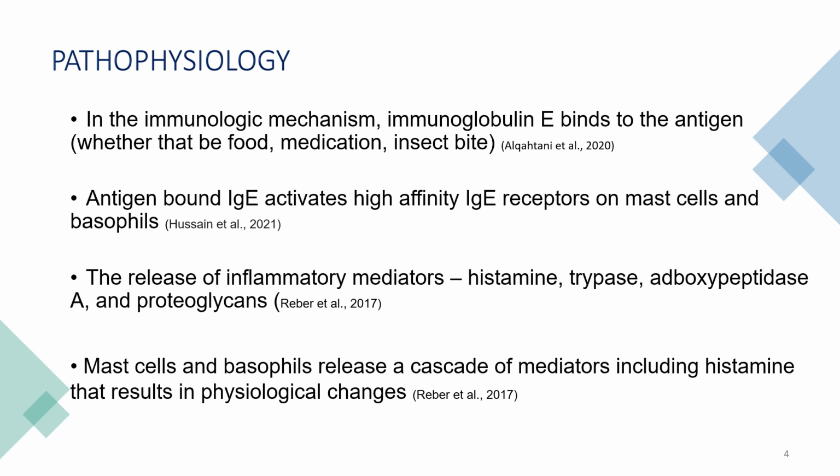When exposed to this antigen, mast cells and basophils release a cascade of mediators, including histamine, that results in physiological changes of systemic vasodilation and increased vascular permeability, which is the main cause of the fluid shift from the intravascular to the extravascular space.